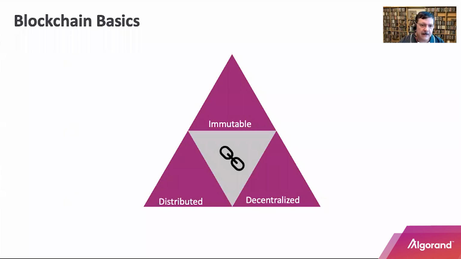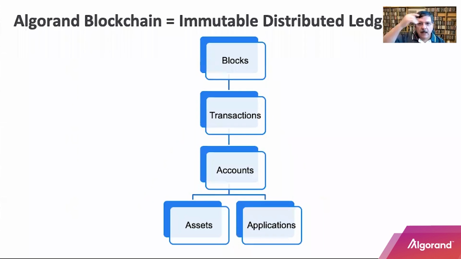So just think of it as a distributed, decentralized, immutable ledger. In terms of the record types, for those that are database types out there, maybe to understand this a little bit better, it's really not that complex of a ledger. You start out with blocks. These are basically points in time. In Algorand, we burn blocks every 5 seconds, and on that block are the associated transactions that occur during that time interval.